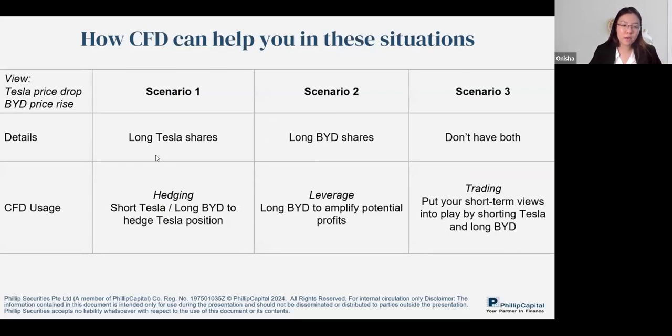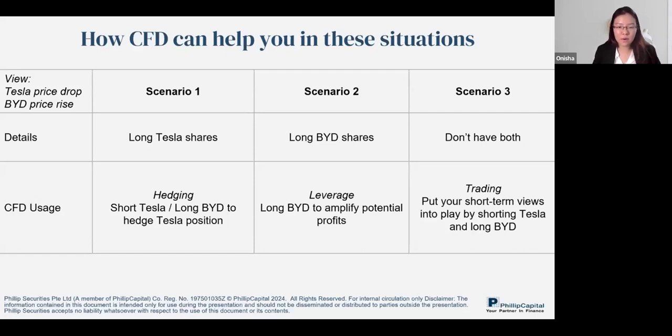You already are long Tesla in your underlying, which is the shares. When this news broke, what can you do? You can use CFD to hedge. Let's say your view is you are worried that the Tesla share price might drop. You can hedge by shorting Tesla CFD. Or you can long BYD CFD to hedge your position in Tesla shares.